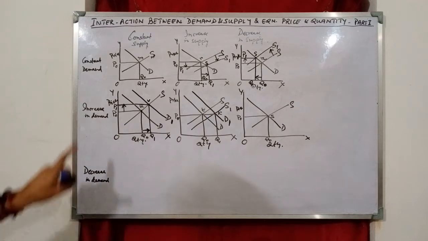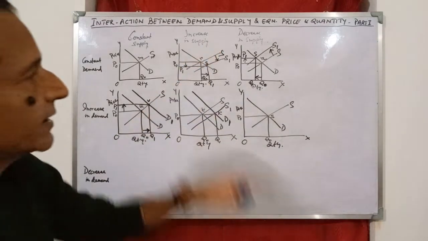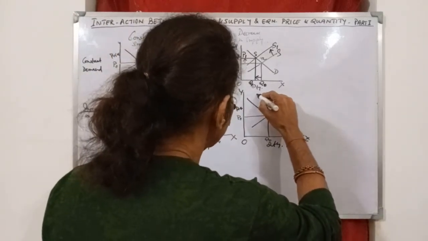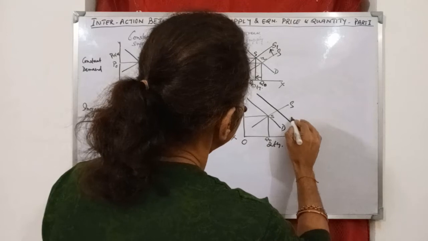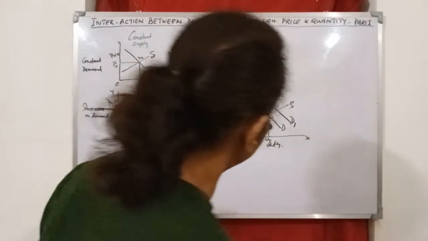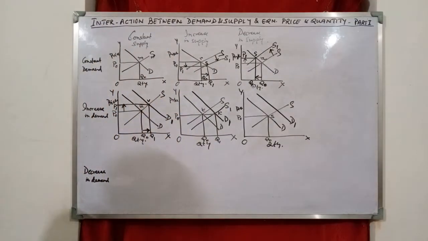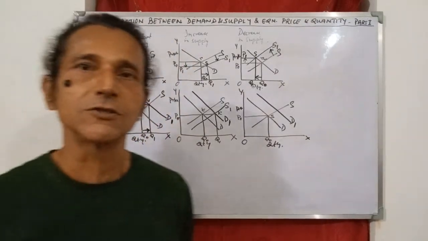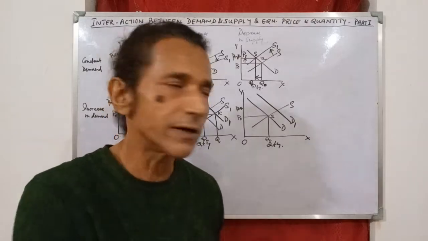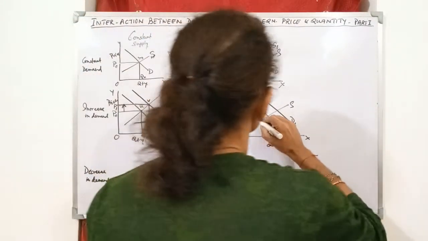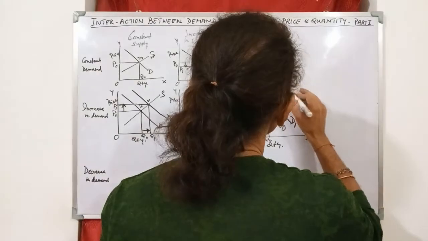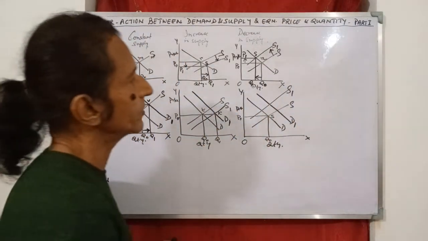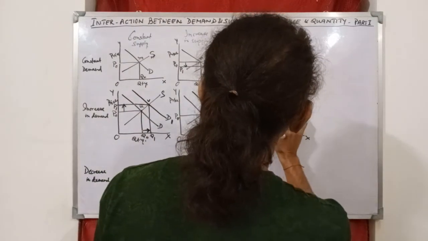Now what is happening? Demand is increasing but supply is falling. So when demand is increasing, the demand curve shifts rightward. Say D1 is the new demand curve. At the same time, supply is falling. So the supply curve will shift leftward parallelly. So let this be the new supply curve. So S1 and D1 intersect at this point.